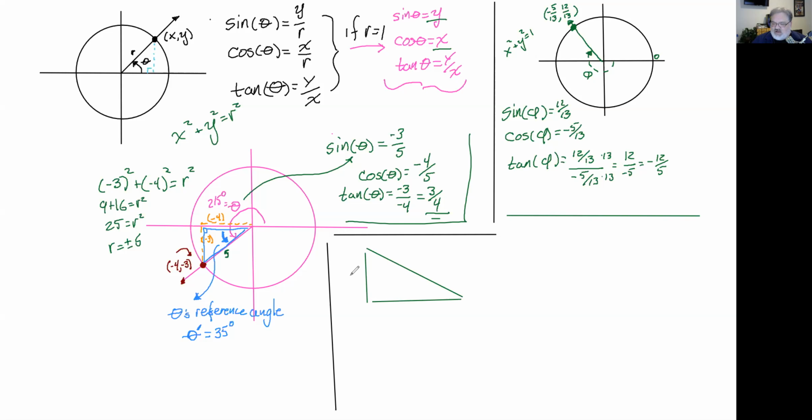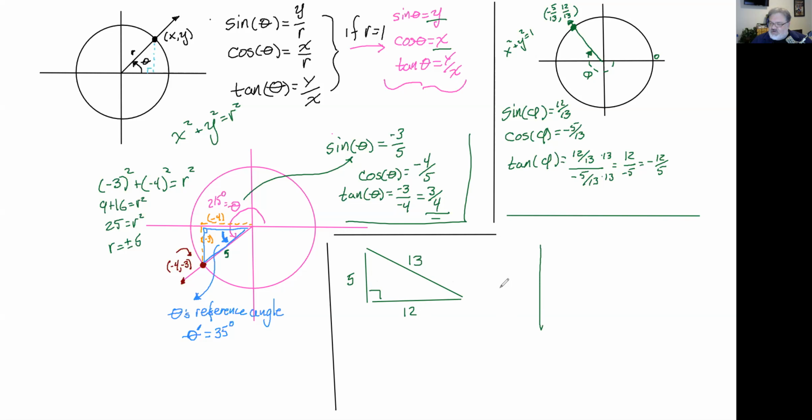It had a length of 5 and 12 for the legs and 13 for the hypotenuse. This is one of those famous Pythagorean triples, one of the few triangles in which all the side lengths can be nice whole numbers. Usually side lengths are horrible numbers.